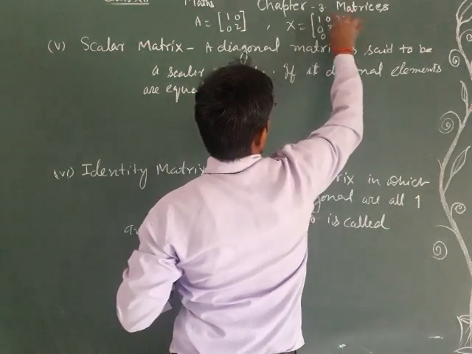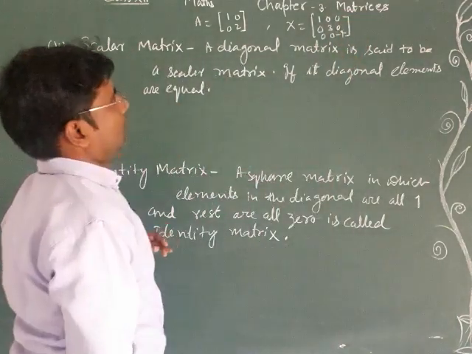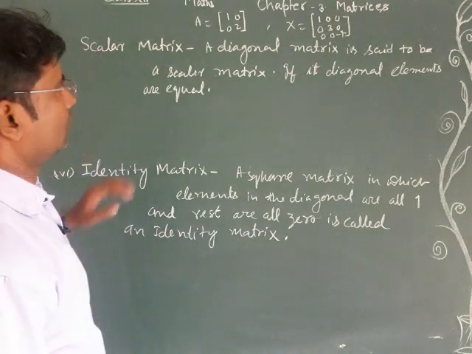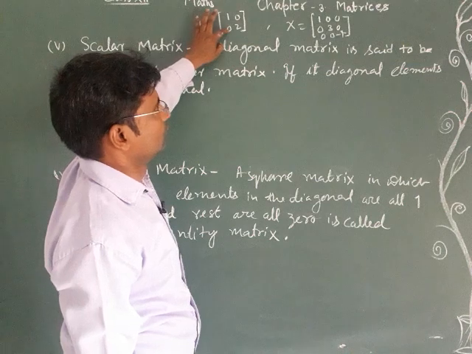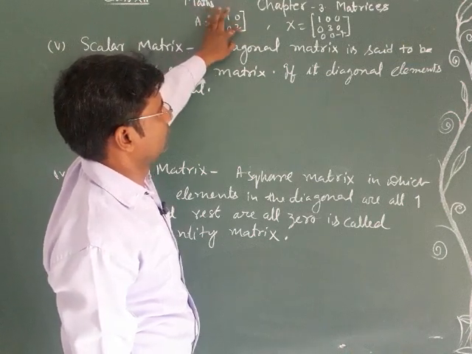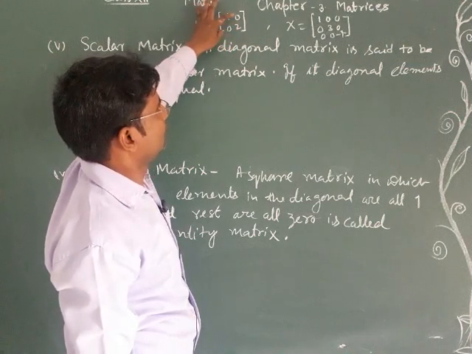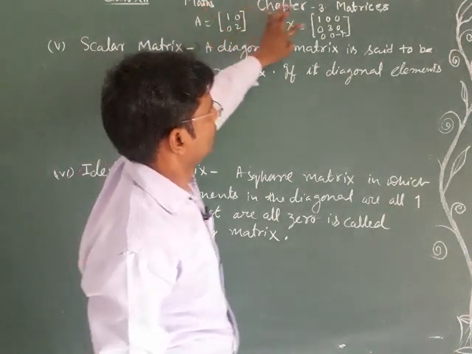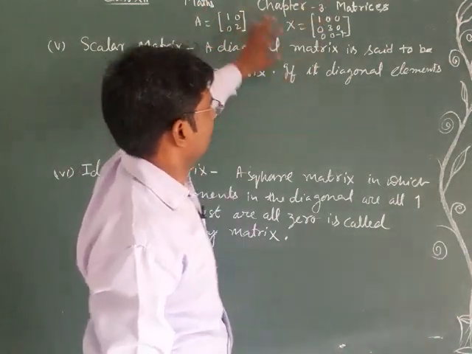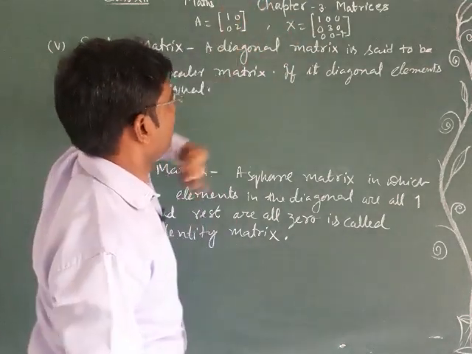The diagonal has different entries and the non-diagonal elements are 0. This is called a diagonal matrix.